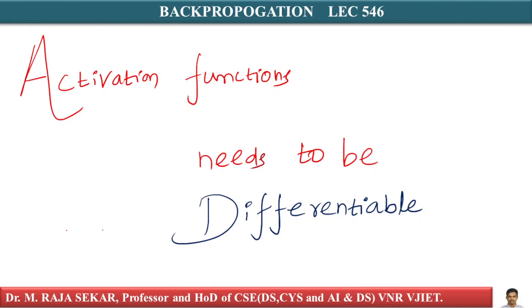If your activation function is not differentiable for whatever reason, it won't work. So you need to be very careful to design your activation functions in such a way that they are differentiable.